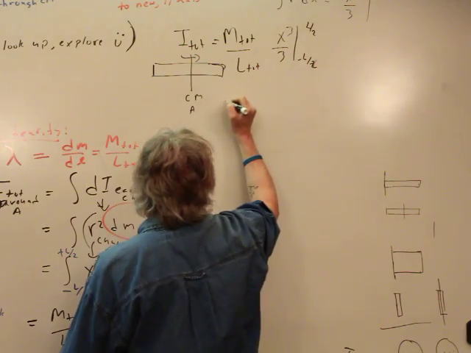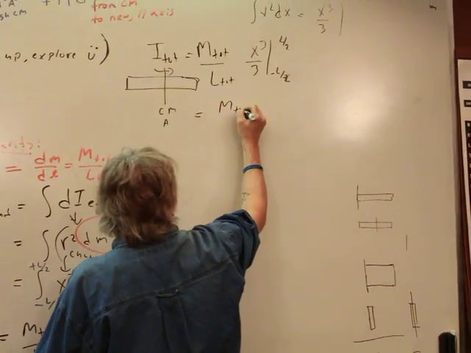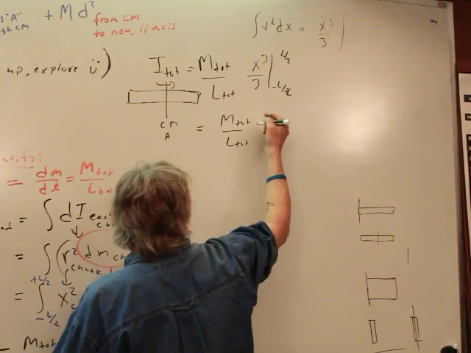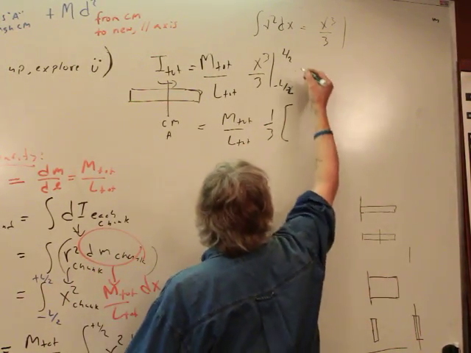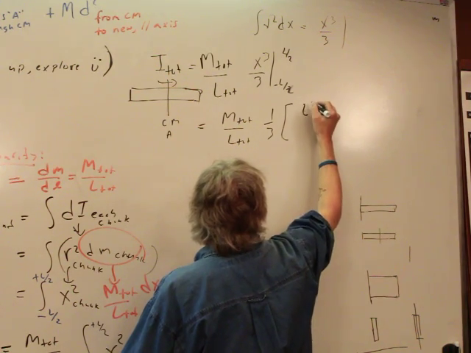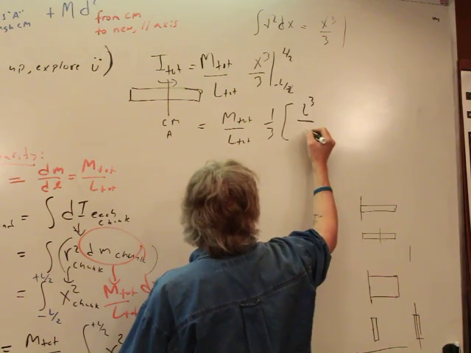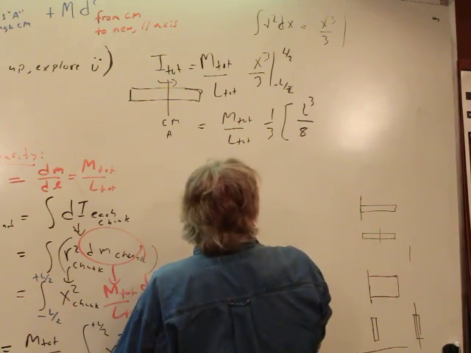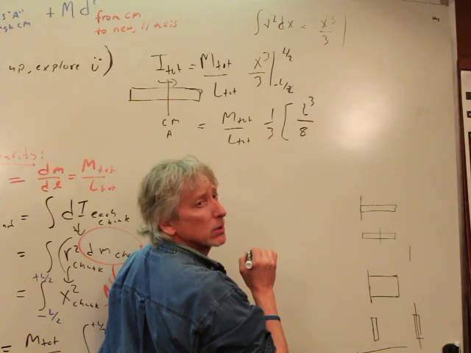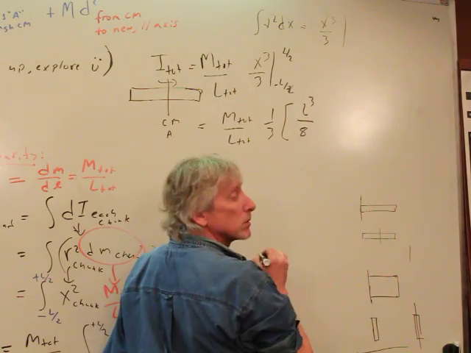All right, great. Let me see, that's mass total over L total, and then I've got 1 over 3. And then I've got L cubed over 2 cubed, right? Which is, you know what that is? It's 8. Is that right? Is that good? 2 times 2 times 2.